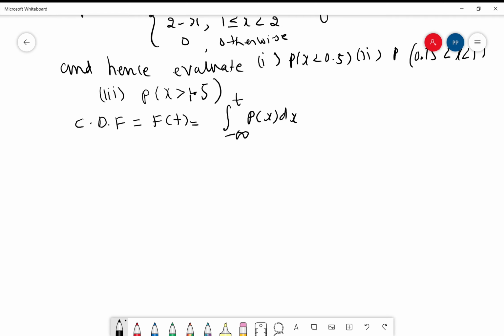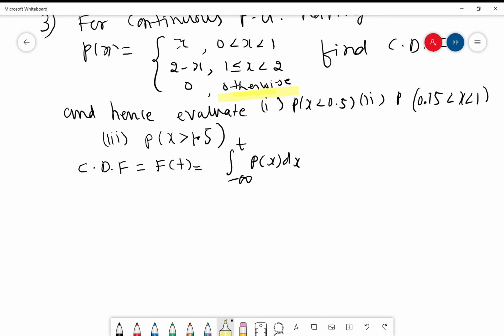Now here, otherwise means it is having two intervals. One is the interval which comes before the 0 to 1, which is minus infinity to 0, and the interval which comes after this 1 to 2, that is 2 to infinity.